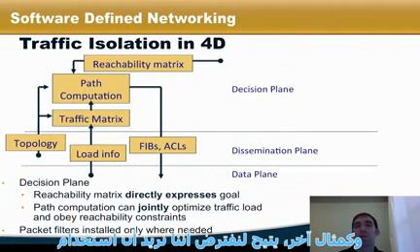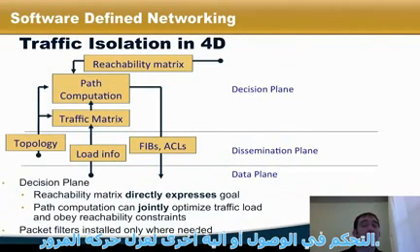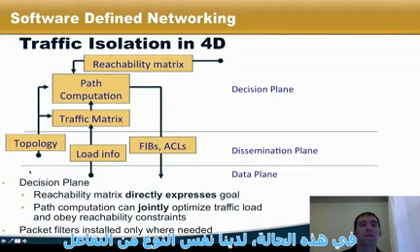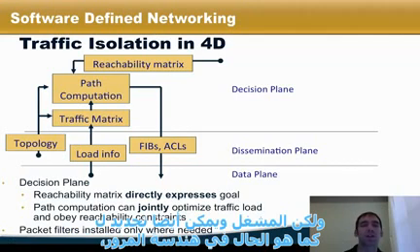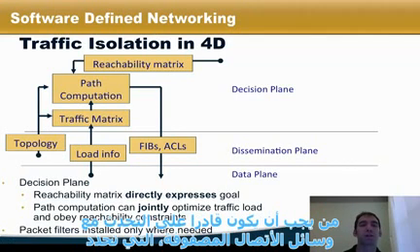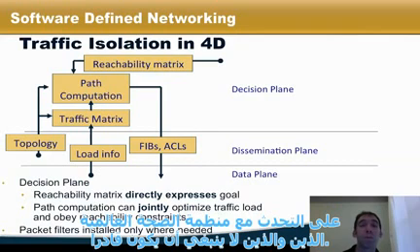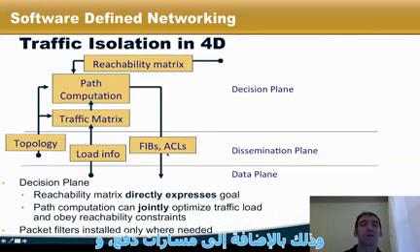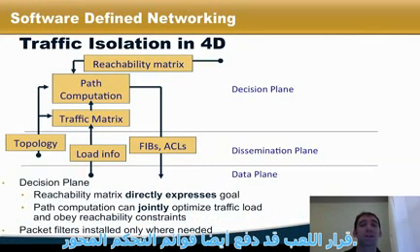As another example, let's suppose that we want to use access control or some other mechanism to isolate traffic. In this case, we have the same type of interaction as in traffic engineering, but the operator might also specify a reachability matrix that specifies who should be able to talk to who and who should not be able to talk to who. So in addition to pushing paths, the decision plane might also push access control lists.